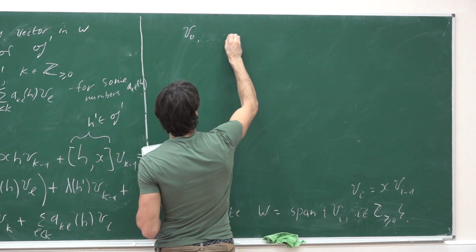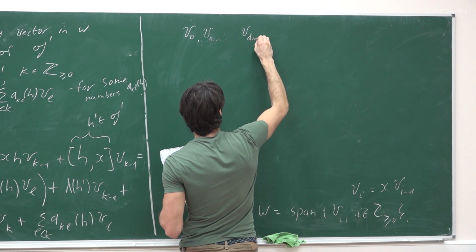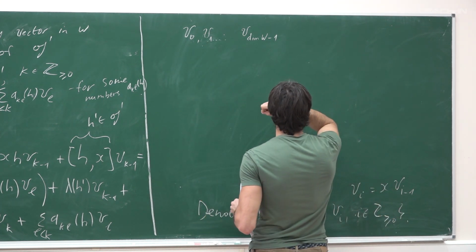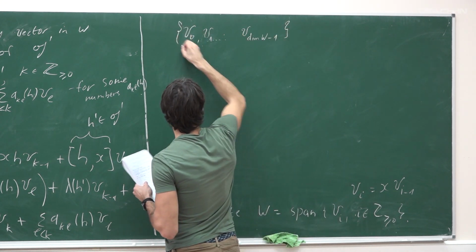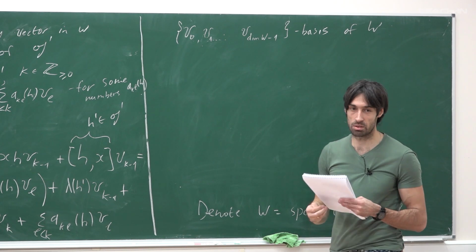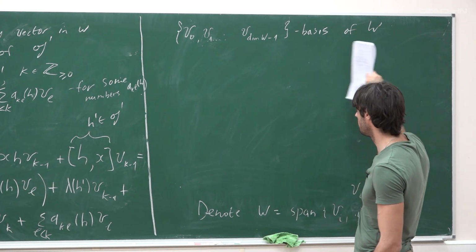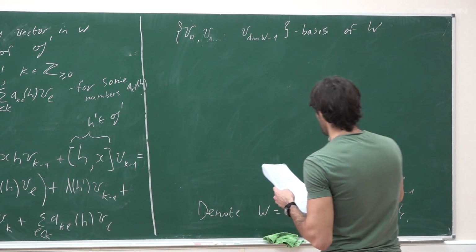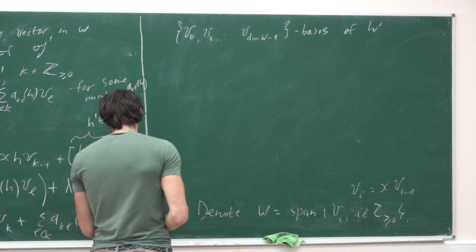So v_0, v_1, up to v_{dim W minus 1}, because I started with v_0, it's a basis of W. It's a simple exercise to see that after that, all other v's can be linear combinations of those, once we hit the maximal linearly independent subset.